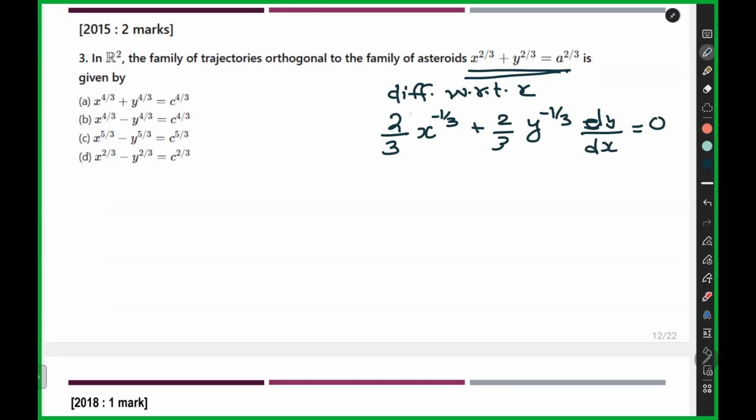And you can simply remove 2 by 3 from here. In the next part, dy by dx you can simply write as minus of y to the power minus 1 by 3 upon x to the power minus 1 by 3.